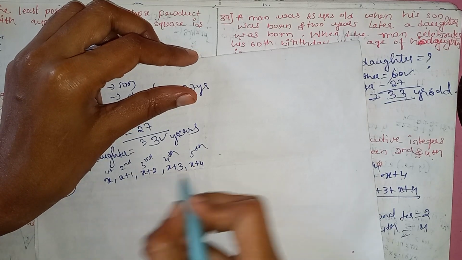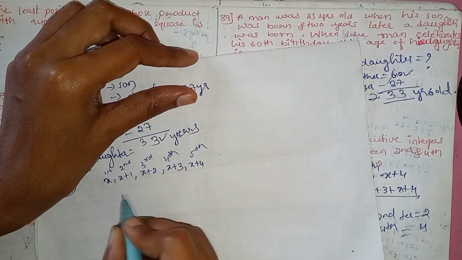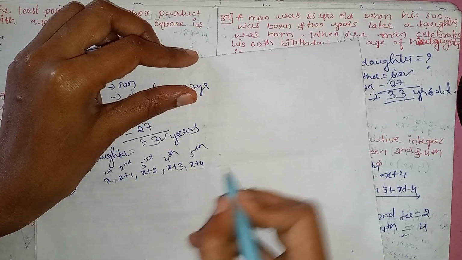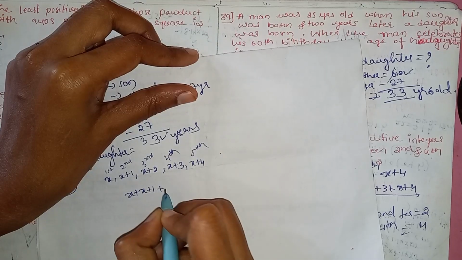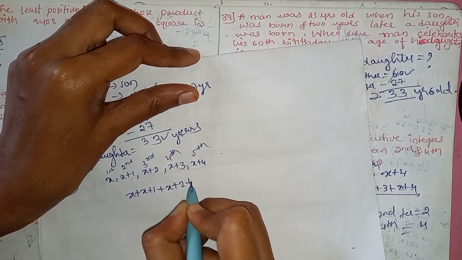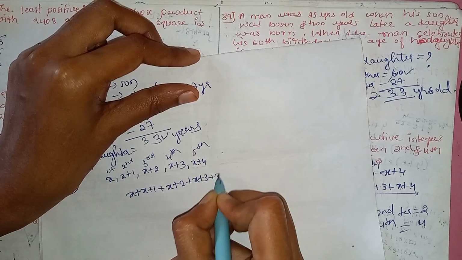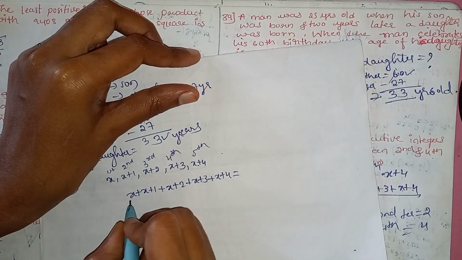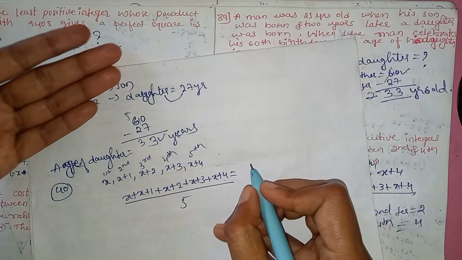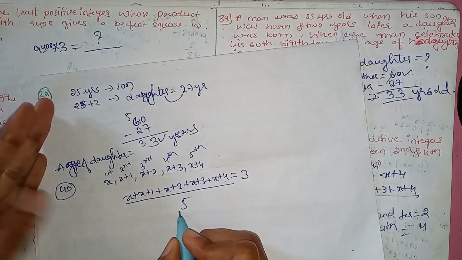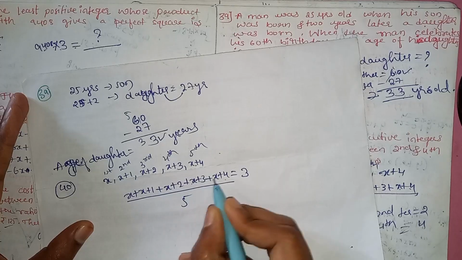Average means when we add these and divide by 5, because we have 5 numbers, x plus 1 plus x plus 2 plus x plus 3 plus x plus 4 divided by 5 should be equal to 3.